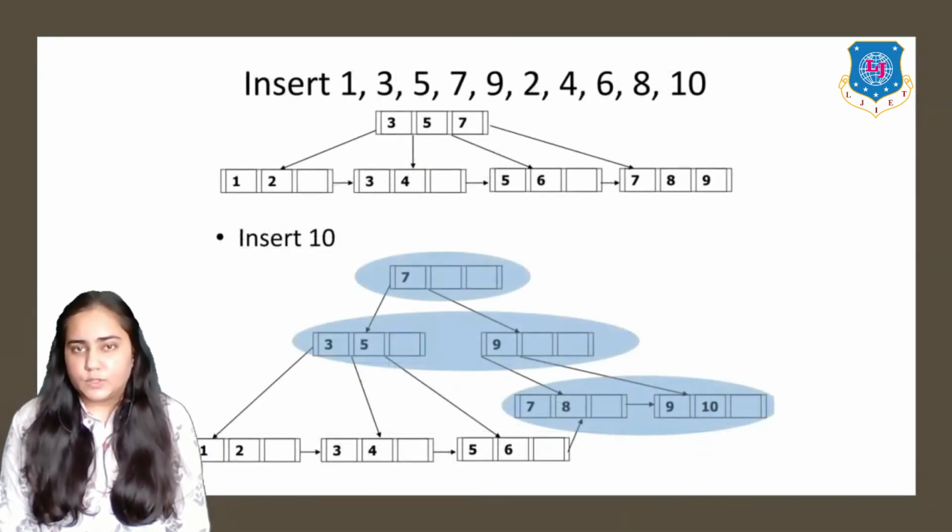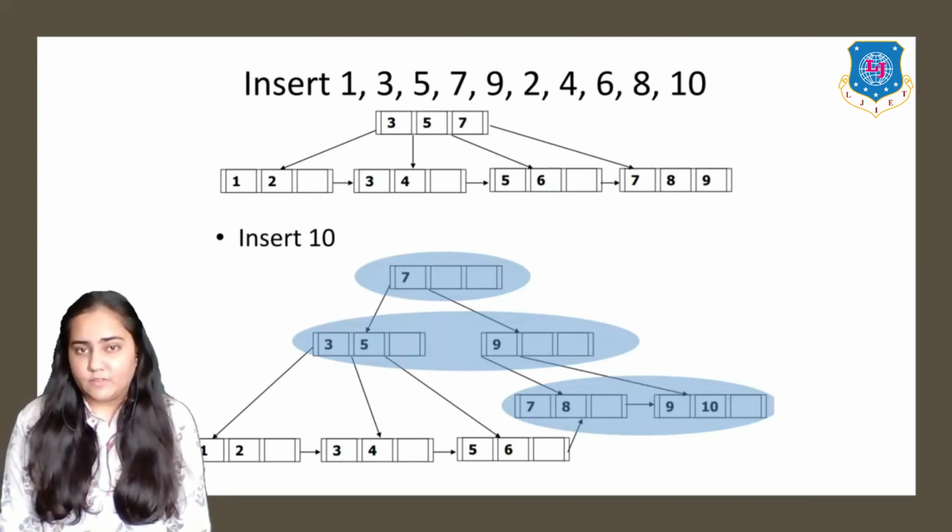Next we want to insert 10. To insert 10, we have to go to the right-hand side of 7, but there is no space in that node. So I need to take some key to the top level, which would be 9. Once I take 9 to the top level, there is no space for 9 over there either. So next I need to select which key from there to take to the top level, and that would be 7.